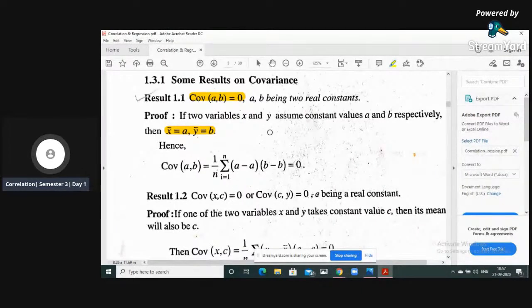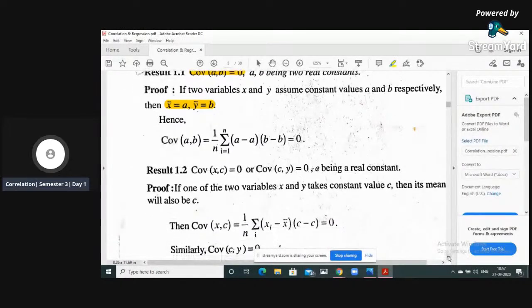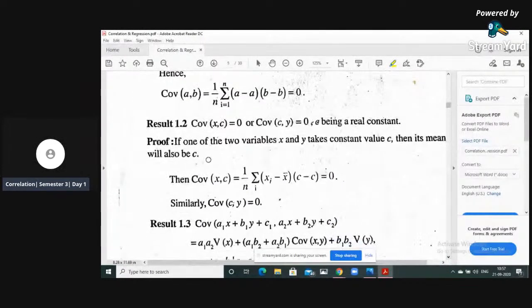So covariance of a, b ultimately is 1 by n summation (a minus a) into (b minus b), which is ultimately 0. Result number 1.2 is covariance of x comma c is 0 or covariance of c comma y is 0. Similarly, if you are substituting c in place of y or c in place of x, you are getting 0.